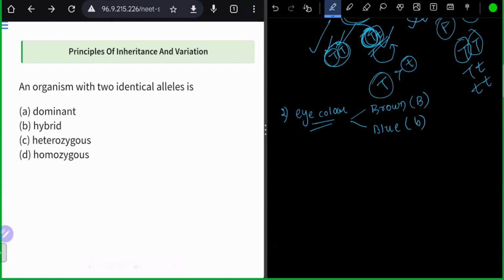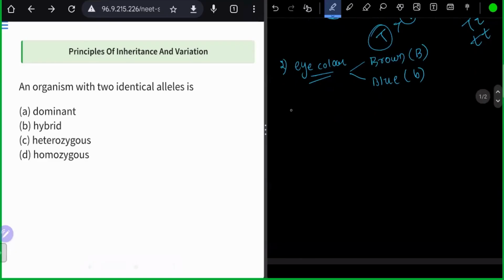Here small b is the recessive allele. What are the other examples? Other examples are the ABO blood groups. Here you will see the case of multiple allelism, that means more than two alleles are present. The alleles are A, B, and O.